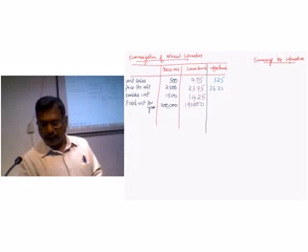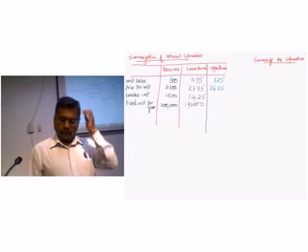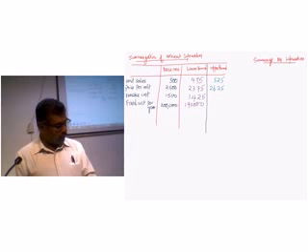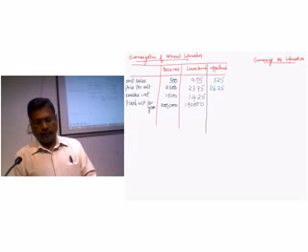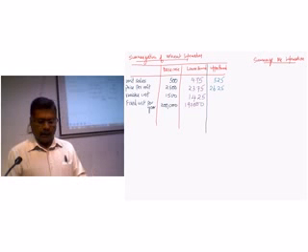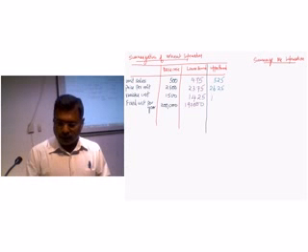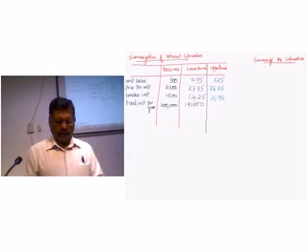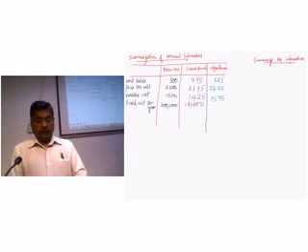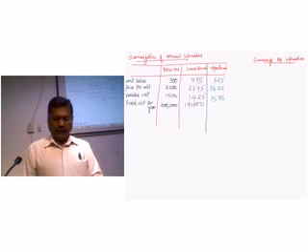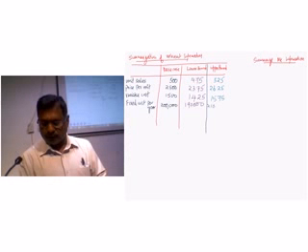Here 500, 5% increase, 500 plus 25, 525. 2500 plus 125, 2625.